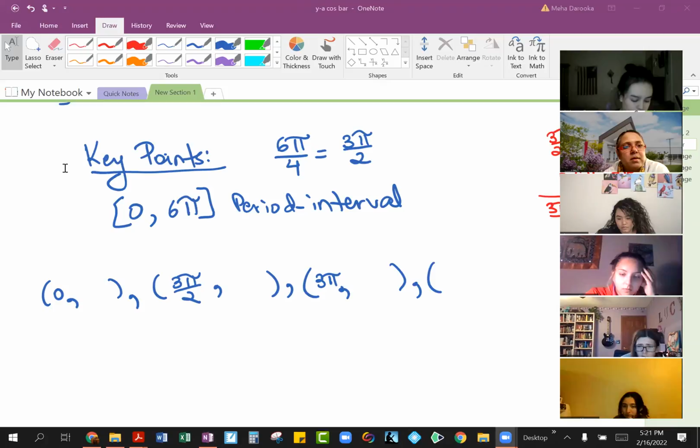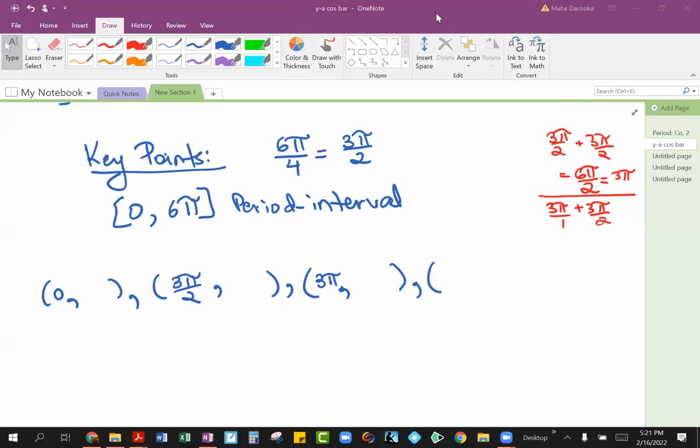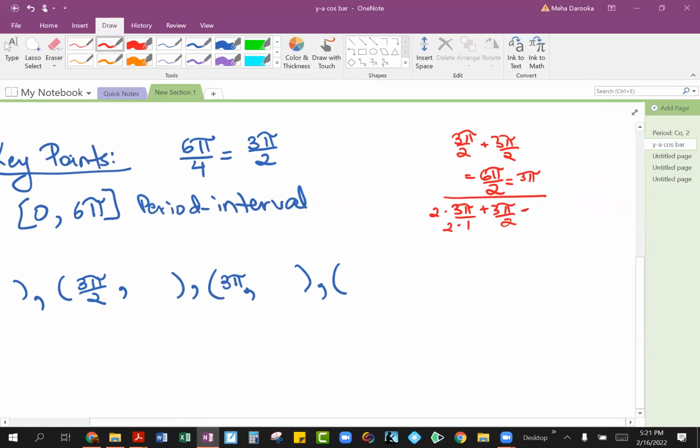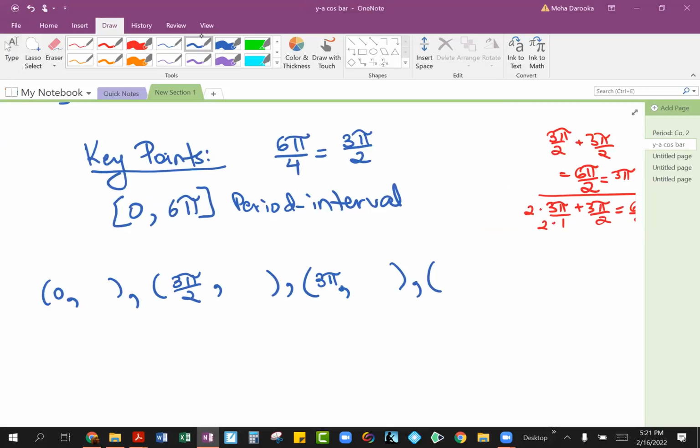Nine pi over 2. Okay, Savannah, Andrew, looks like you guys also had that. Yeah, because what's going to happen is we will end up multiplying this guy by 2 to make our common denominator. And you will end up with 3 times 2 is 6. So you'll end up with 6 pi over 2 plus 3 pi over 2. So 6 plus 3 will be 9 pi over 2. Very nice.